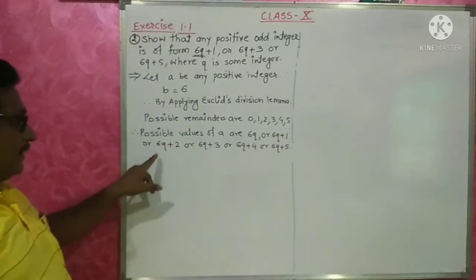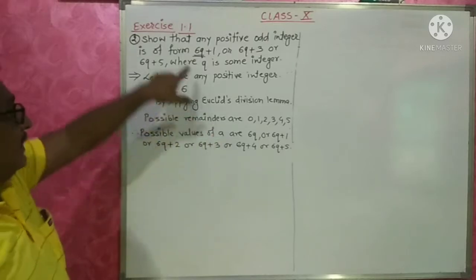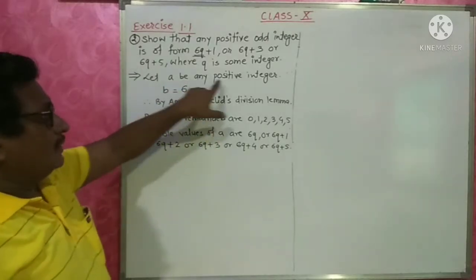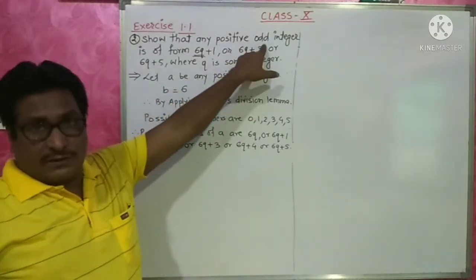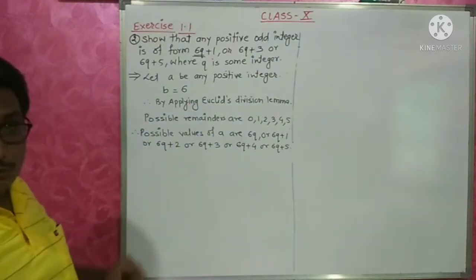These are the possible values of a. But a is what? A positive odd integer. So it should be an odd number.